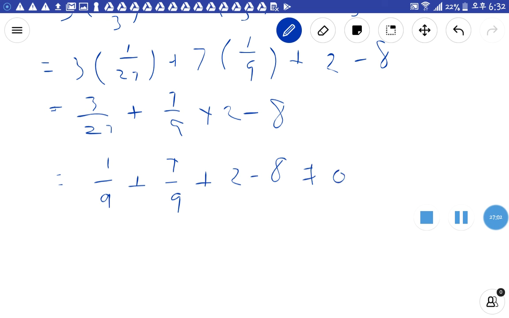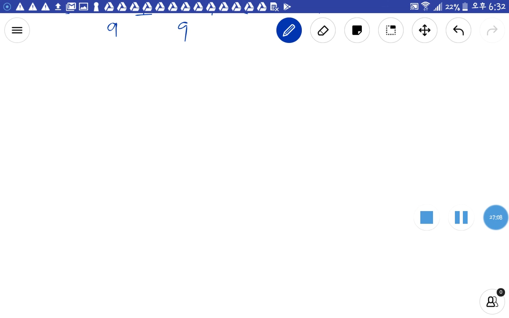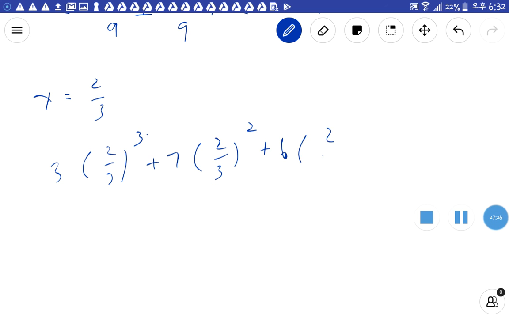So you just really need to choose any number you like and then check it out. That will be 0. So actually our answer is x equal 2/3. I'm gonna show you. So I got 3 times 2/3 cubed plus 7 times 2/3 squared plus 6 times 2/3 minus 8.